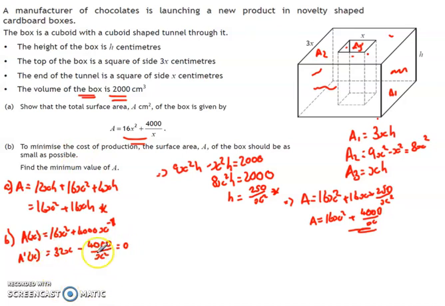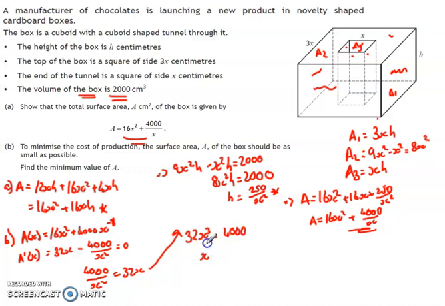So now what I want to do is rearrange this and solve it such that I've got this equal to 0. So if I stick the 4,000 over x squared across, I'll then be able to say that 4,000 over x squared is equal to 32x. Multiply both sides by x squared to get rid of the x squared on the bottom here. And what I'll end up with, swapping the sides again so I've got the x on the left, is 32x cubed, because remember it's an x here and then an x squared, equals 4,000.